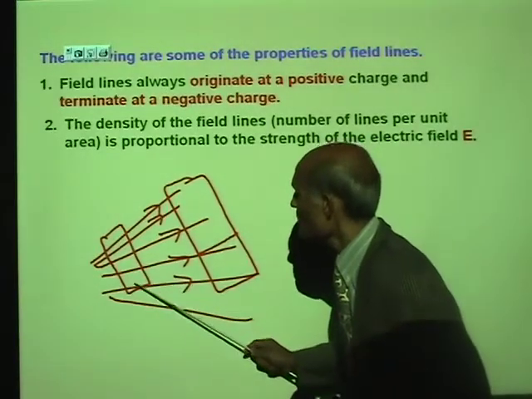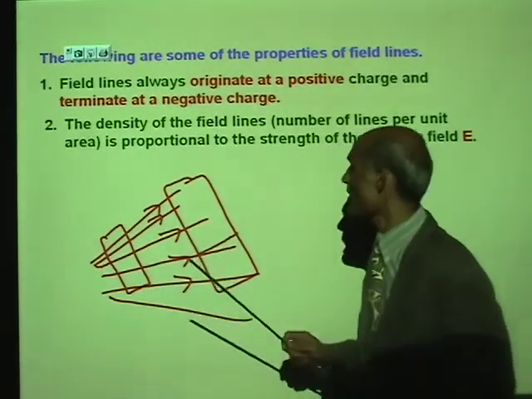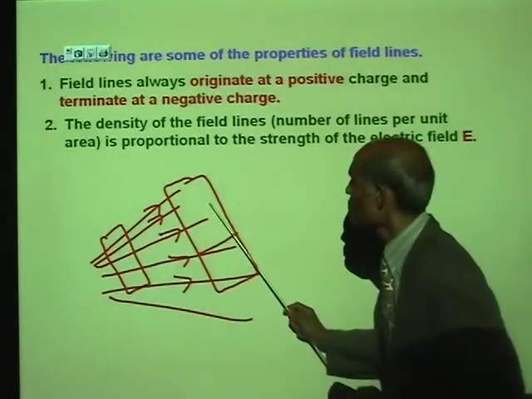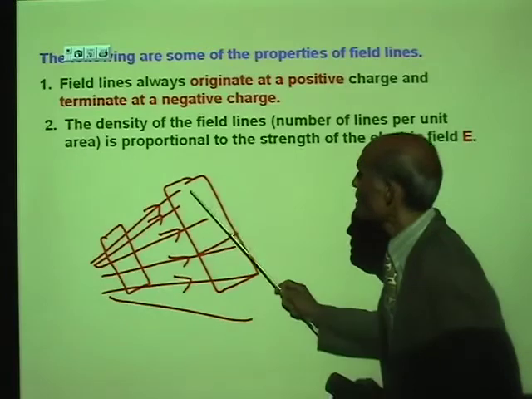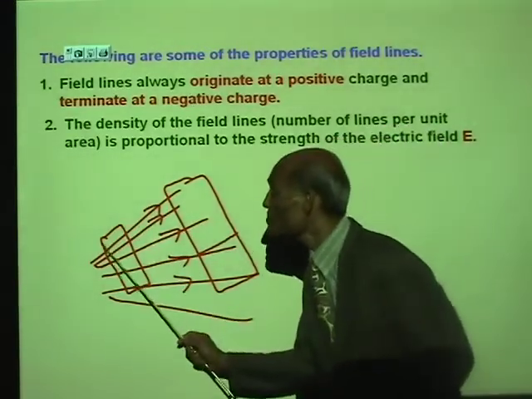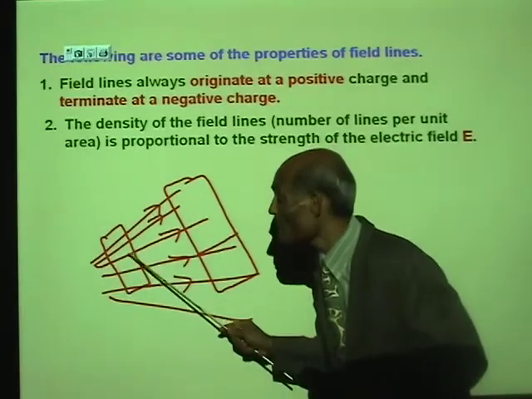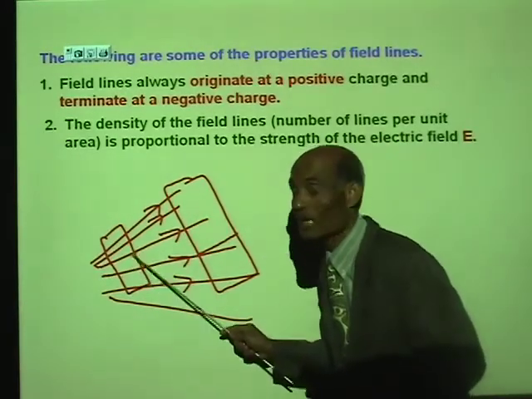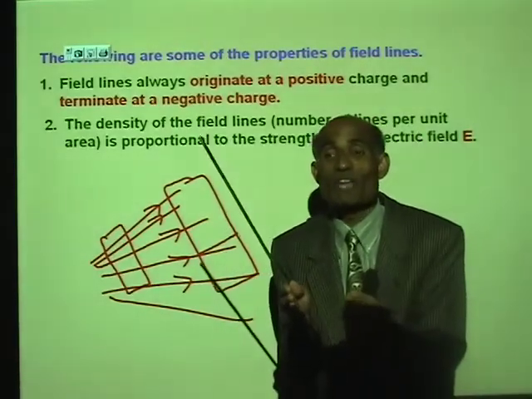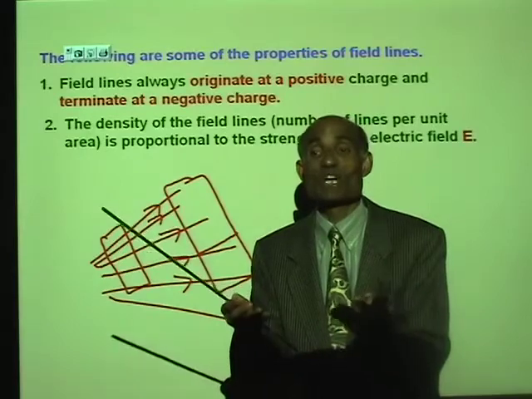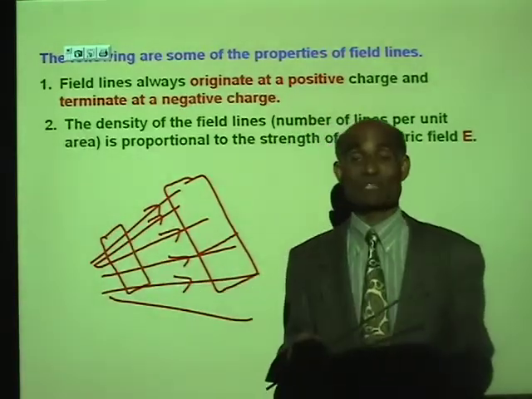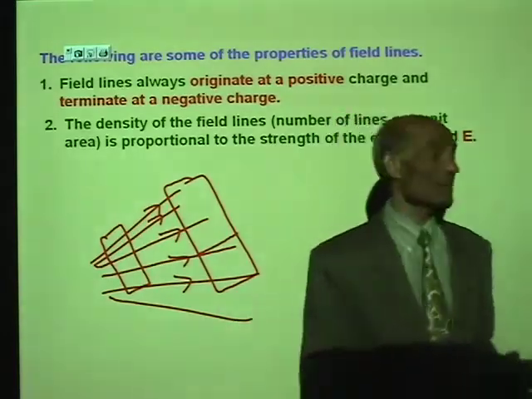There are 3 plus 2, 5 field lines in there. And if you move that rectangle out, you can see that rectangle contains only 3 field lines. That means the intensity or strength of the electric field is much more here than here. So how closely the field lines are spaced gives you an indication of the strength of the electric field or the intensity of the electric field.